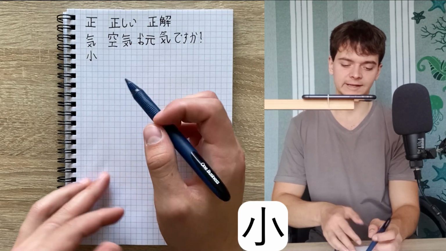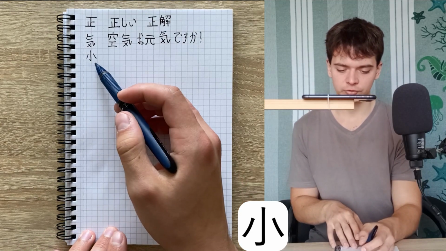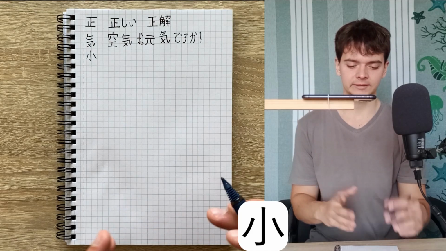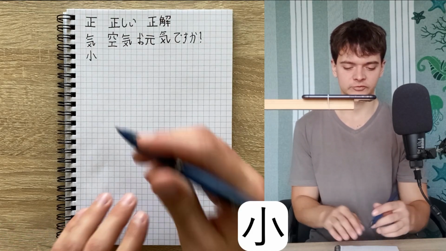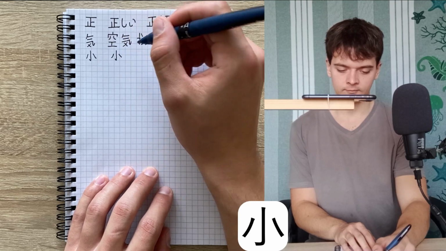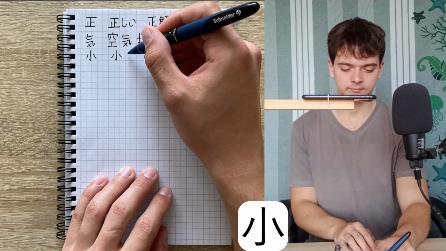This kanji is the kanji for small things, but just like dai, sho isn't used alone. It's used with either hiragana or other kanji. For example, in the word chisai.